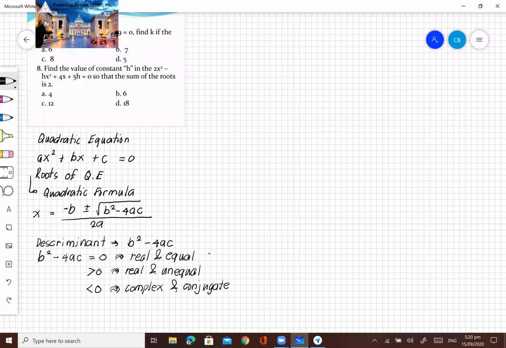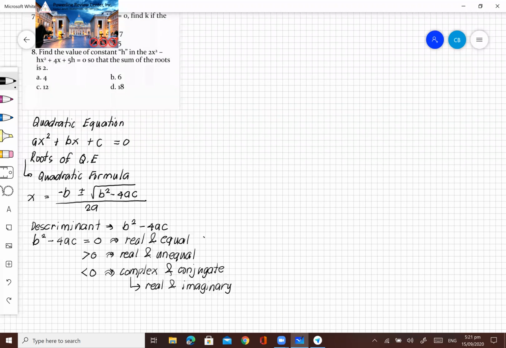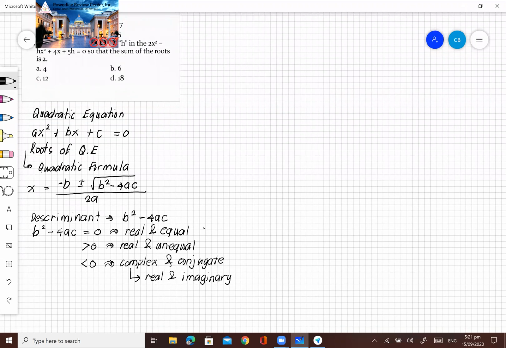What does a complex number represent? A complex number is the combination of a real number and an imaginary number. So if the discriminant is less than 0, the roots are complex and conjugate.